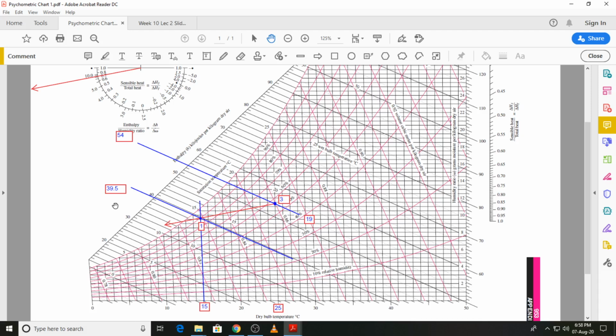And finally we just need the specific volume, and the constant specific volume lines you can see are over here. This is 0.82, this is 0.83, and this is 0.84, and the value that we have in the solution is 0.828.